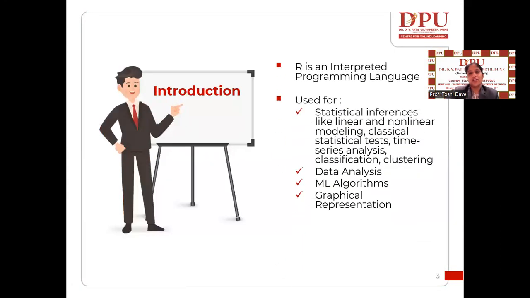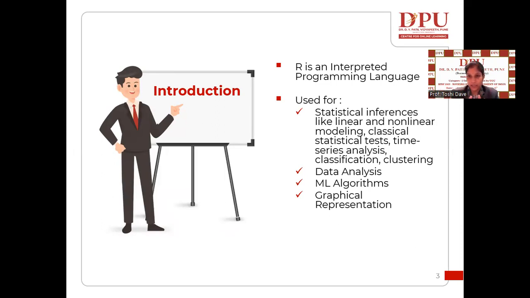Now, introduction to R programming. As we all know, R is a programming language, but R is an interpreted programming language. Interpreted means that it will interpret the statements, which means line by line execution will be done by R. Earlier, C and C++ had compilers as translators, because a compiler reads the complete block of code and translates it at a time.